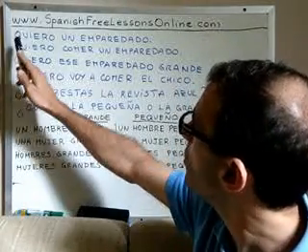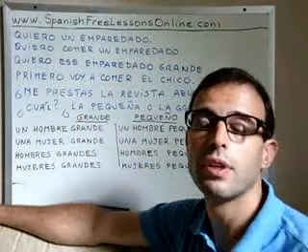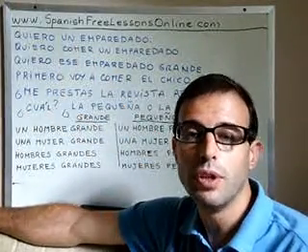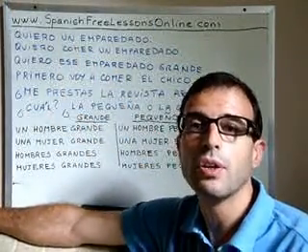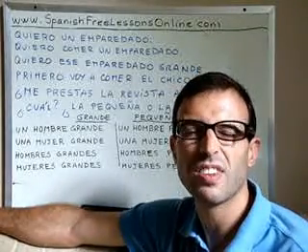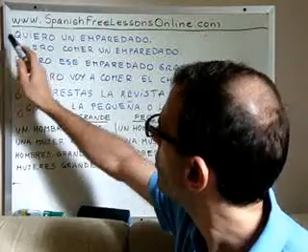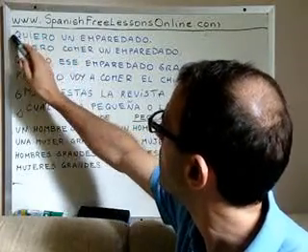And this is the usual way you would say it in Spanish, right? Because it sounds redundant if you say yo quiero un emparedado, right? It sounds redundant because the yo is already implied here.